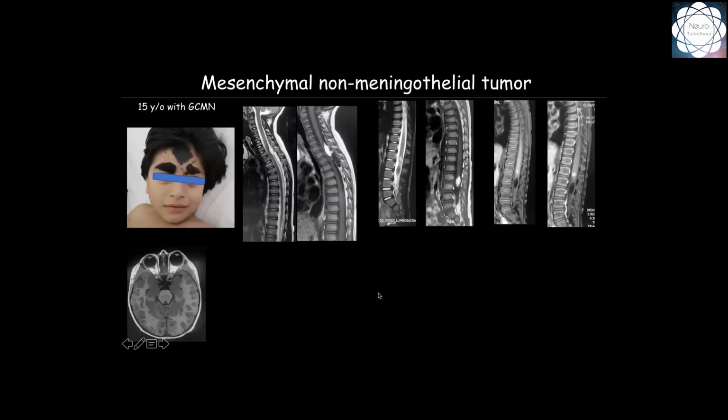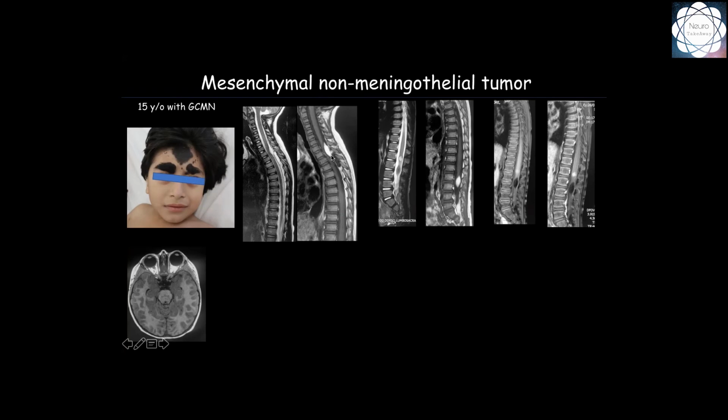This was a very interesting case because it was a 15-year-old boy with a giant congenital melanocytic nevi at the level of the forehead and eyebrows. And we detected these tumors in the spine, 2 intradural lipomas, one at the cervicothoracic junction and the other at the lower end of the spinal cord.